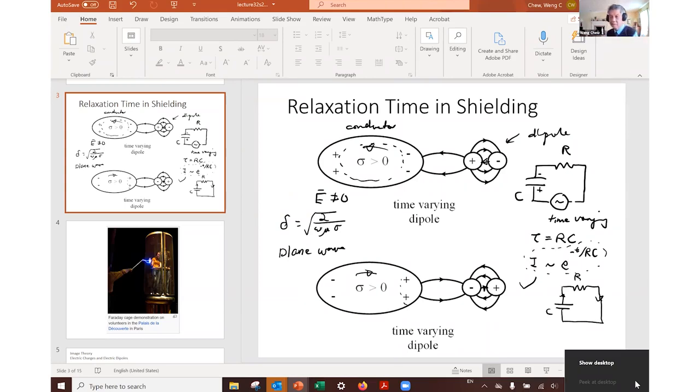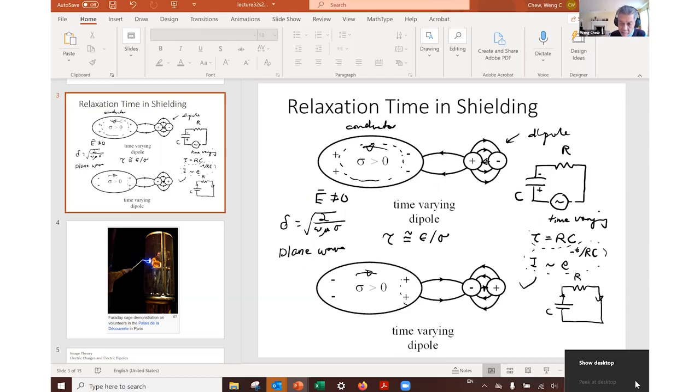Because eventually the charges would disappear due to dissipation, and it goes away within this relaxation time. There is also a relaxation time associated with a conductor, and that relaxation time is proportional to roughly epsilon over sigma inside the conductor. So it takes about this kind of time scale to relax from one mode to the other one.